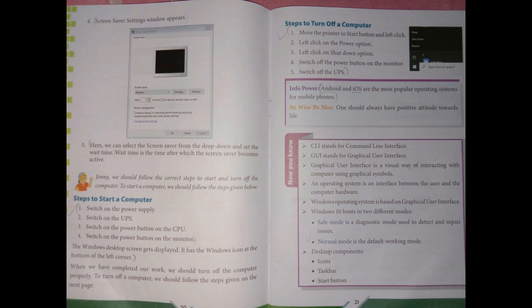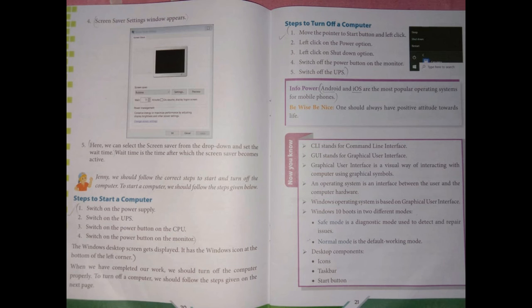A new settings window appears. On the left pane, select lock screen option, and from the right pane, click on screensaver settings option. Next, the screensaver setting window opens. Here we can select the screensaver from the drop down and set the wait time. That means after how long the screensaver will appear on the screen.